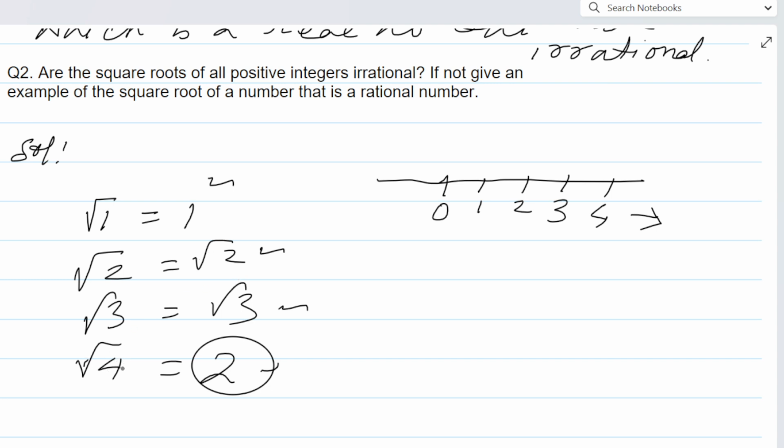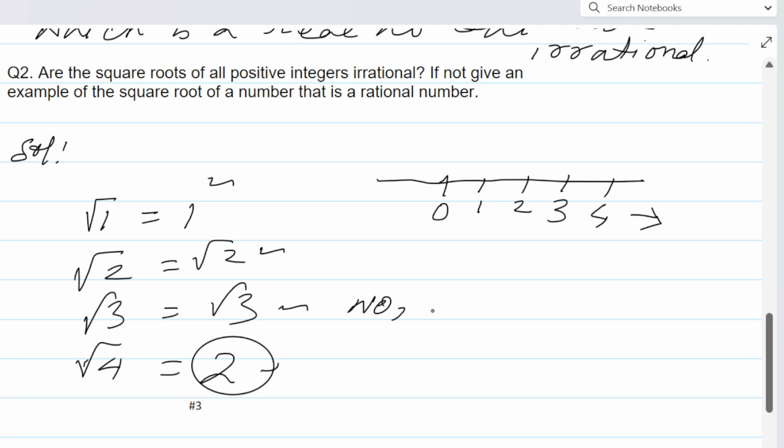See, 4 is a positive number. I have taken the root. After taking this, I'm getting 2, which is a rational number. So your answer will be no. Why?